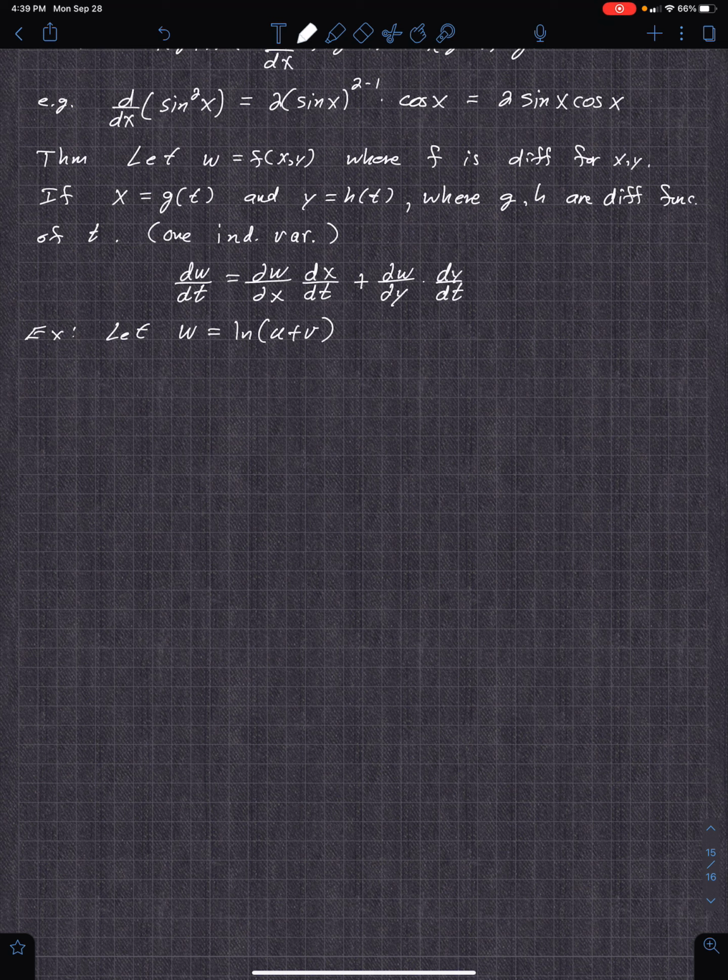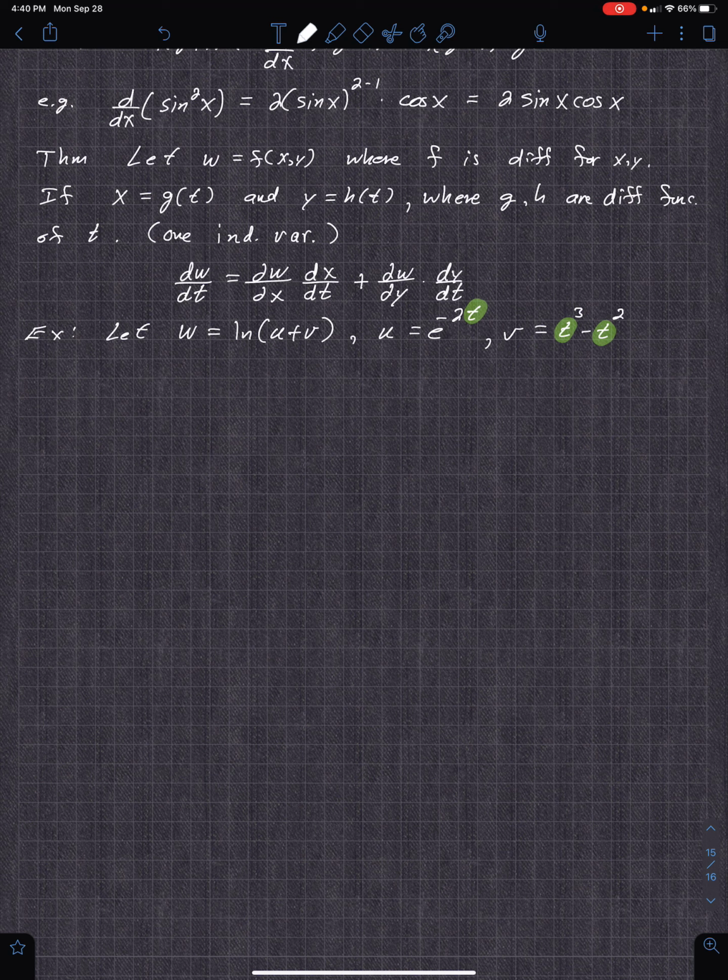Where u is equal to e to the negative 2t, and v is completely different, t cubed minus t squared. And then we have just one independent variable embedded all the way inside. Well, there's just two things inside, but still.